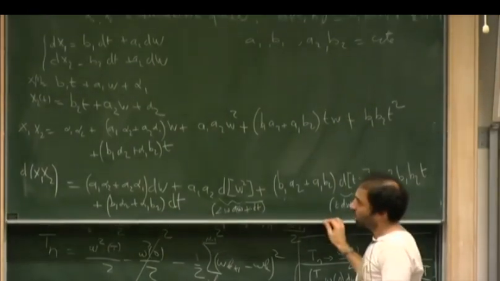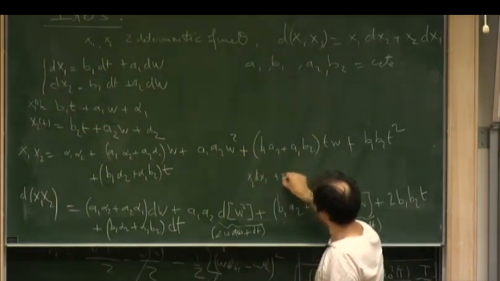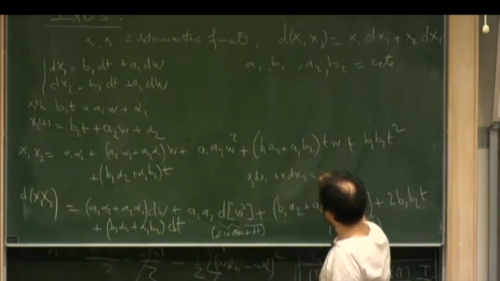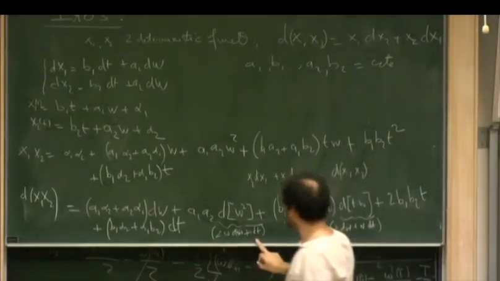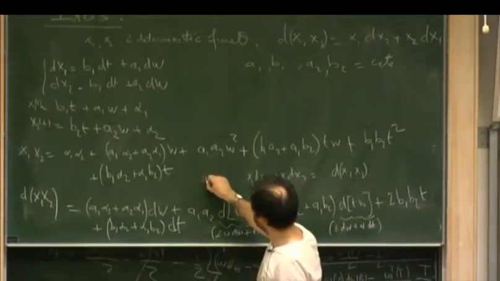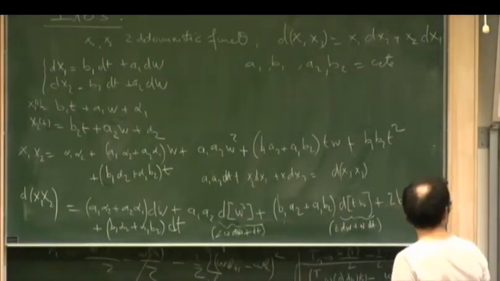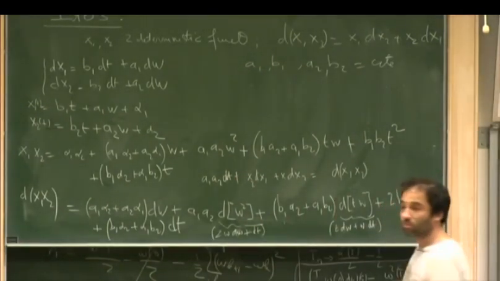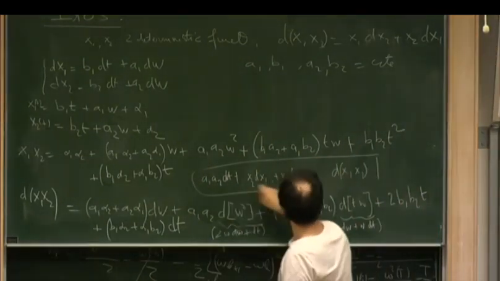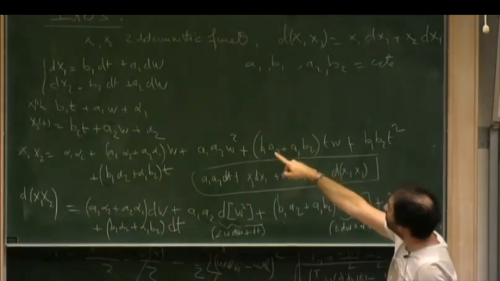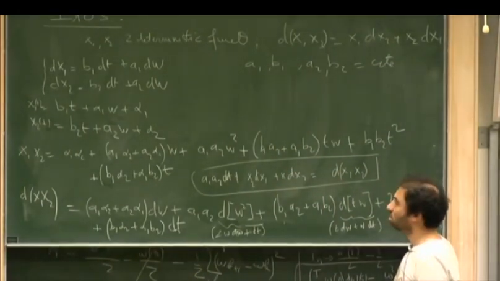We can write it this way: d of x1 x2 equals x2 dx1 plus x1 dx2 plus a1 a2 delta t. Okay? This is for omega, a Brownian process of variance 1.